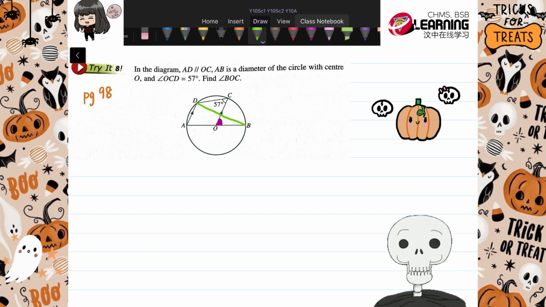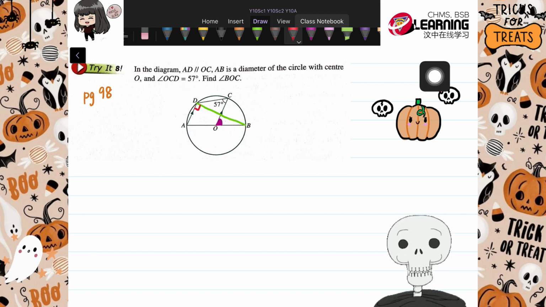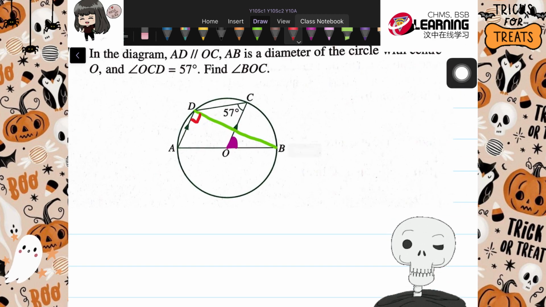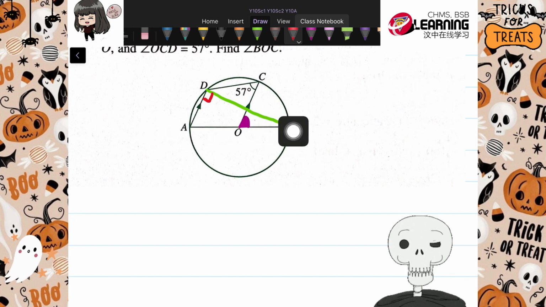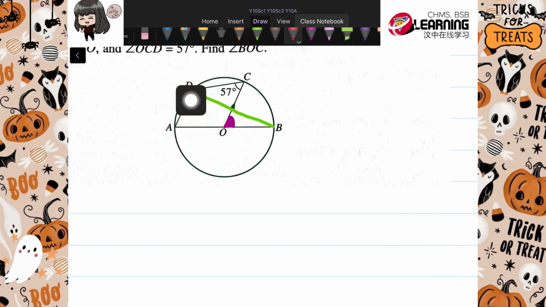When I draw this line, it means that this is 90 degrees. This is angle in a semicircle, which is 90 degrees. I'm going to zoom in. This is the diameter, angle in a semicircle is this, so it's 90 degrees.